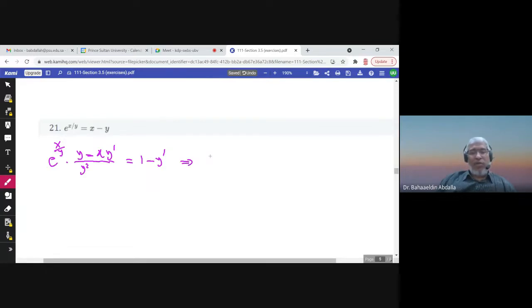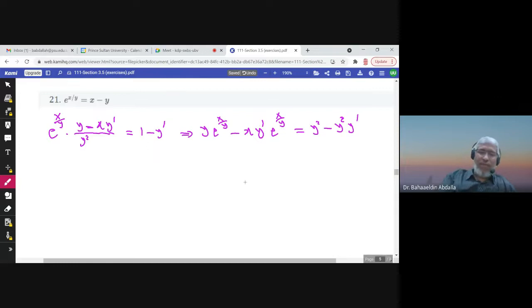Okay, so I'll have y e to the x over y minus x y prime e to the x over y equals y squared minus y squared times y prime. I multiplied by y squared to get rid of this y squared.